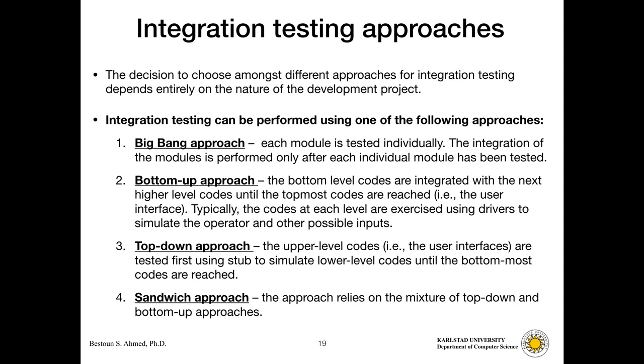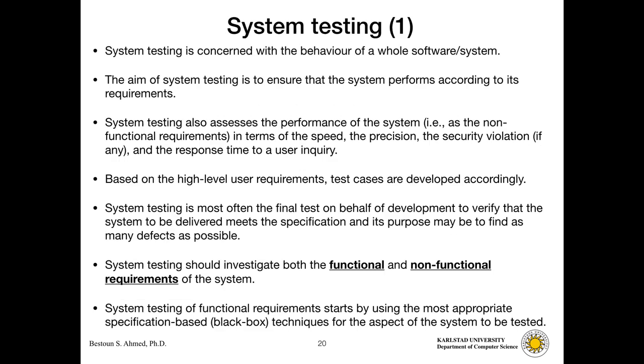And then you have the sandwich approach, which is a combination of top-down and bottom-up, but this is also very good for testing because it helps to exhaustively test the whole software at many levels, but this will take time also. It depends on how much time you have.